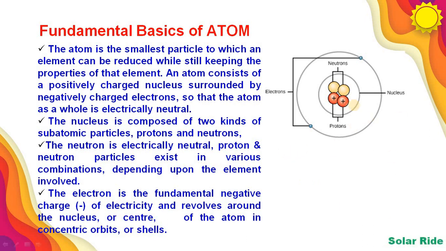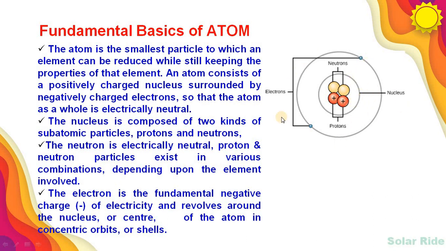As you observe in the atom structure figure, the nucleus has two particles. One is the proton, having positive charge polarity. The neutron does not have any polarity. It is inside the nucleus.